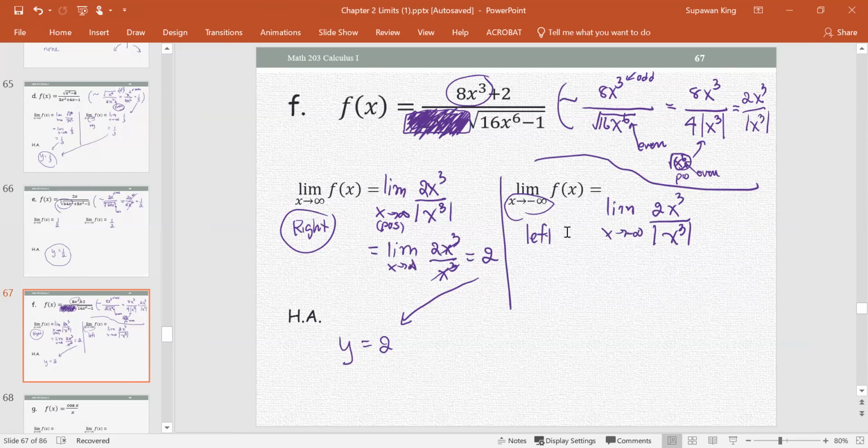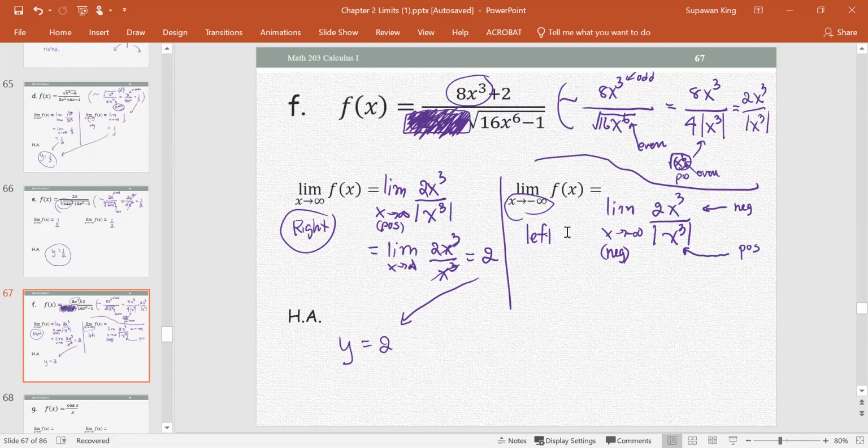That means your x starts with a negative inside. If you come in the top, negative to the third power, you have what? Negative, right? You come in the denominator as negative, you raise to the third power, you take the absolute value, and it becomes positive.